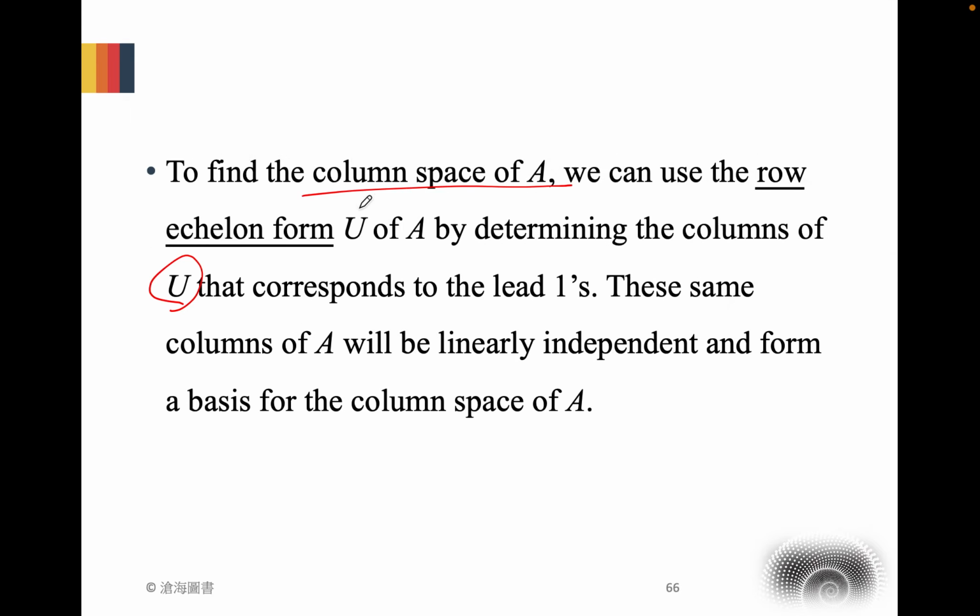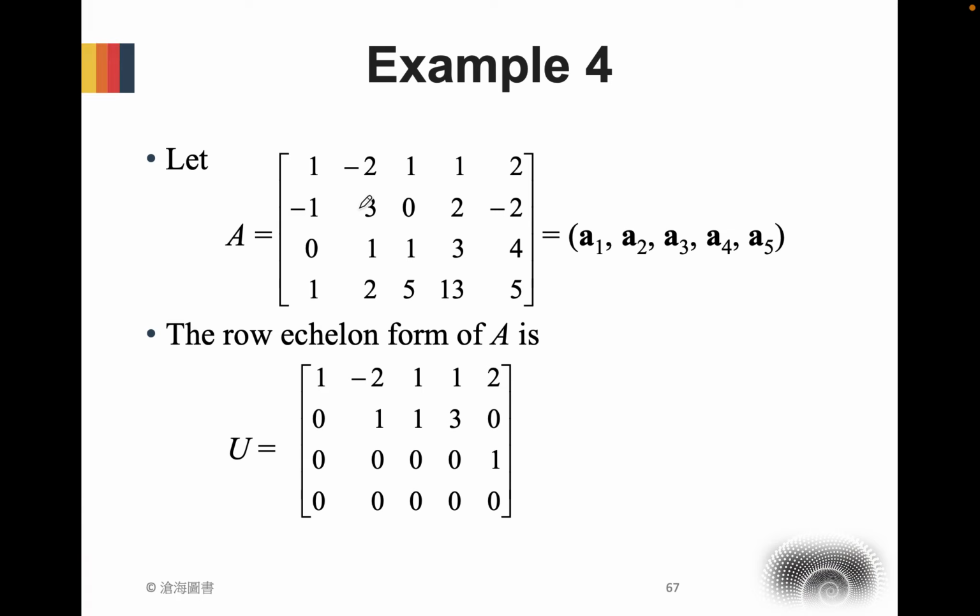So let's see some examples. The matrix A is a 4 by 5 matrix, and we can do row operations to reduce A to U. After doing that, we see that we have three leading variables, x1, x2, and x5.